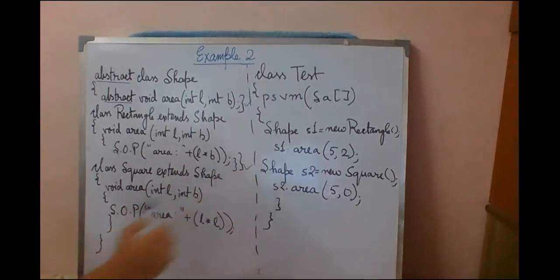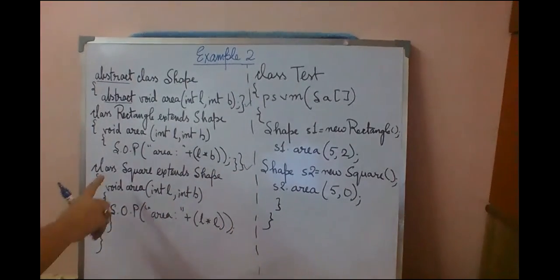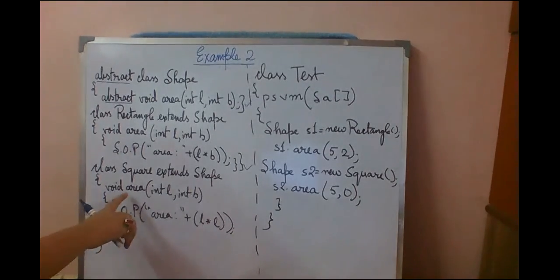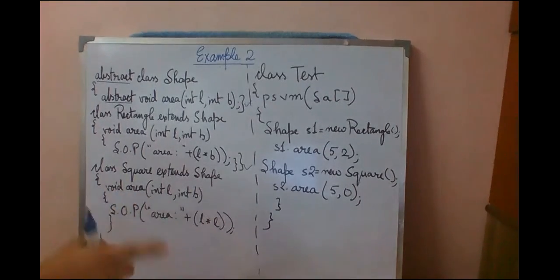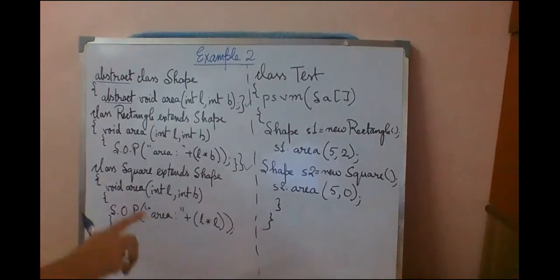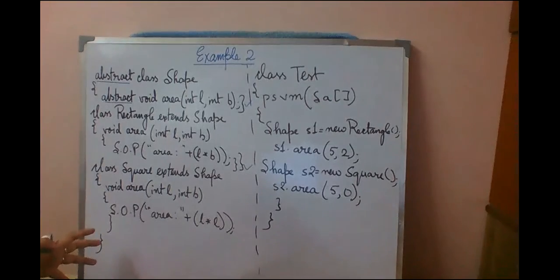Okay. Next, class Square. This is why I particularly chose this example, to make you understand that this void area is getting overridden, but it is not getting overloaded. See, in Square, we don't need a breadth for area calculation.